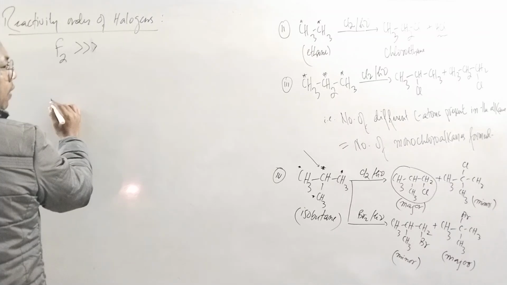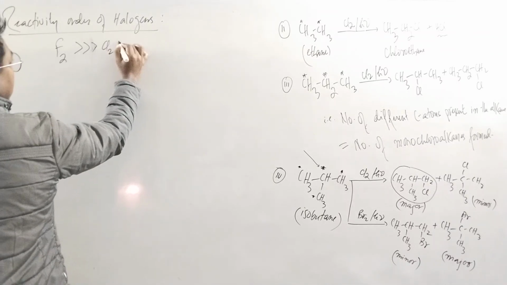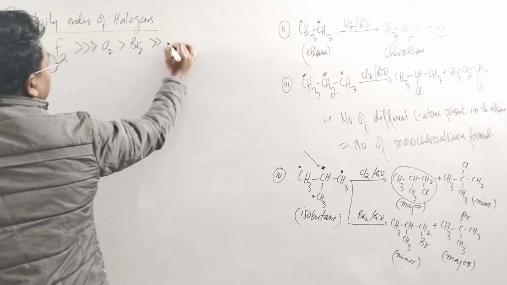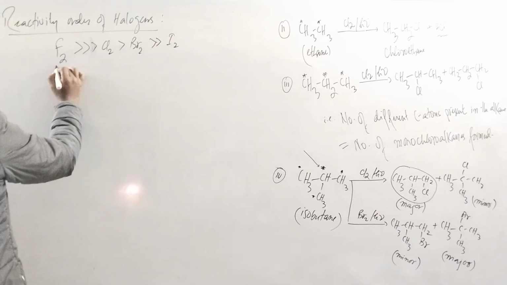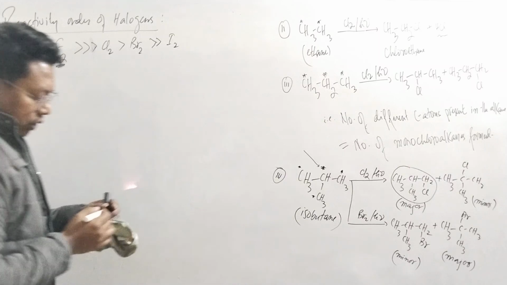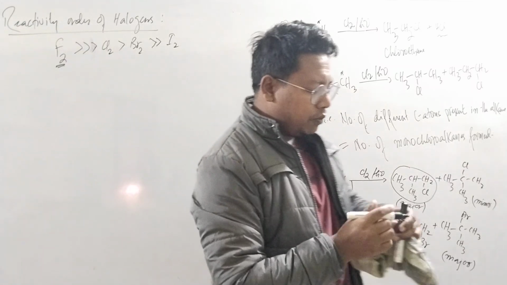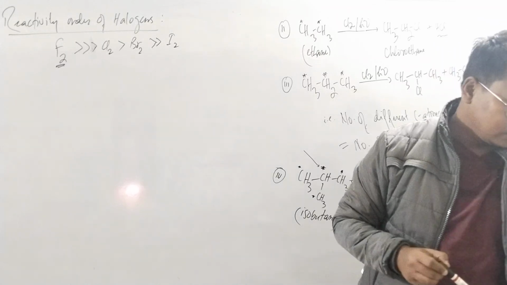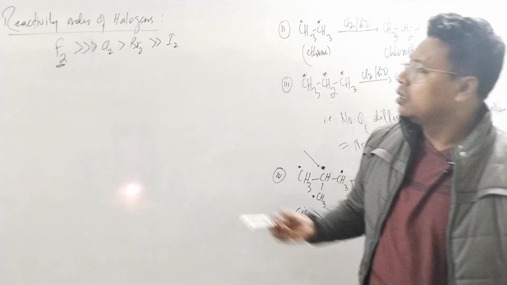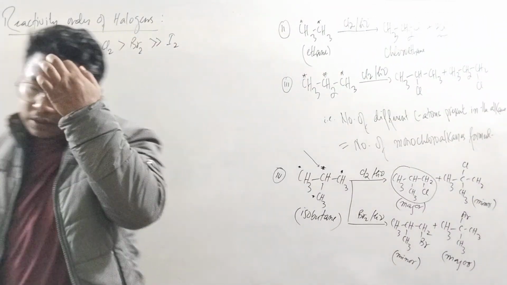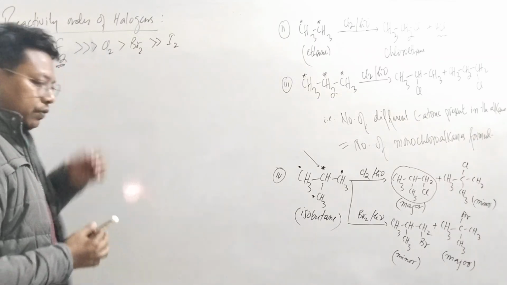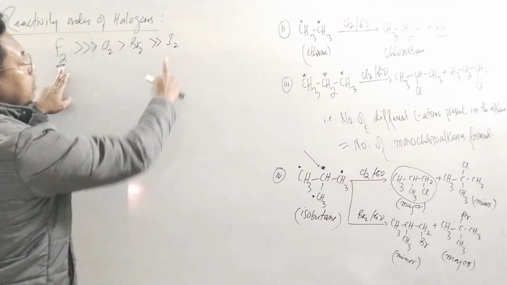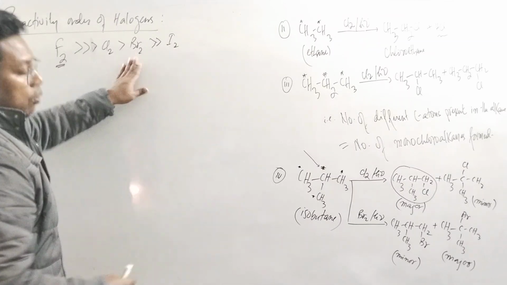Fluorine is far more reactive than chlorine, which is again more reactive than bromine, which is again more reactive than iodine. This is very reactive fluorine, so the reaction between alkane and fluorine cannot be controlled. And this iodine is very less reactive. Okay, so we usually avoid these two halogens, and so chlorination or bromination is there.